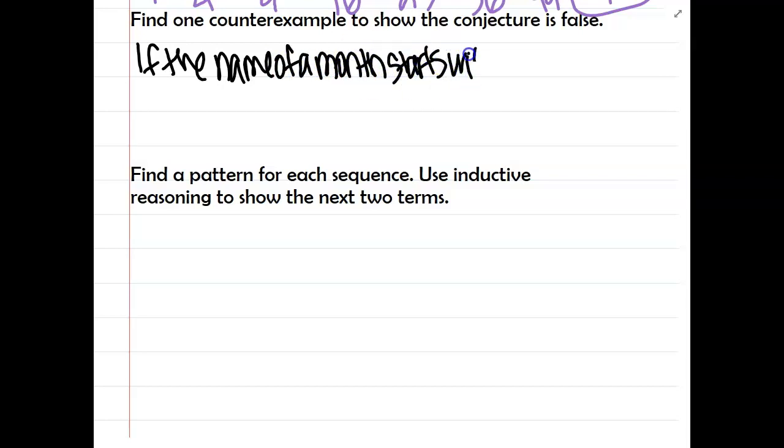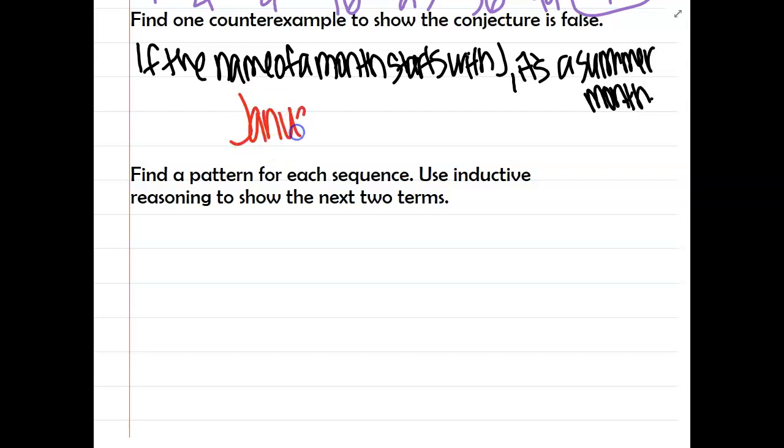If the name of a month starts with J, it's a summer month. Because June and July, right? No! Why? January, right? January screwed it all up. All you have to do is give me one. If there's more than one, great, but you just have to give me one example. Darn, I guess I'm not as smart as I thought I was.